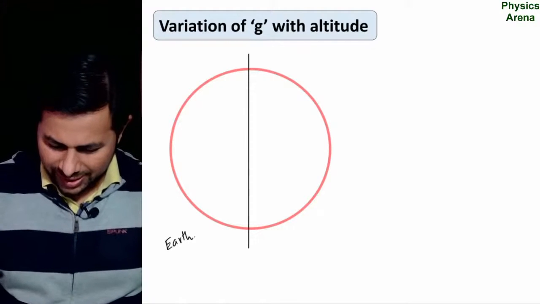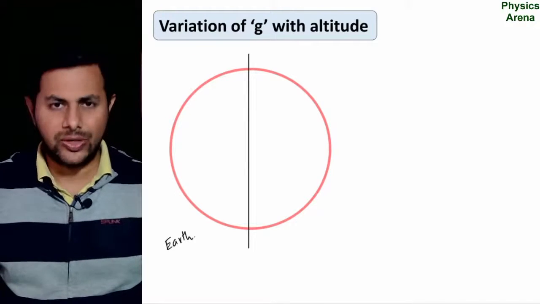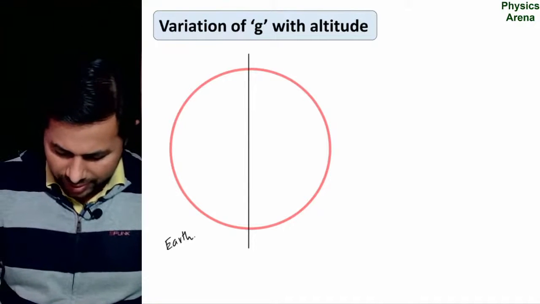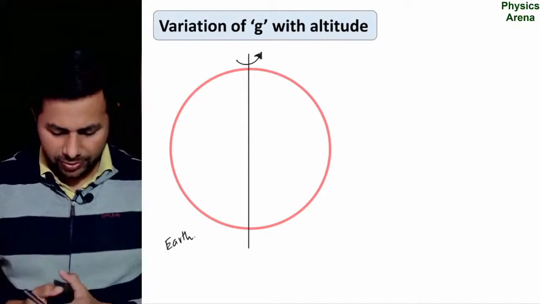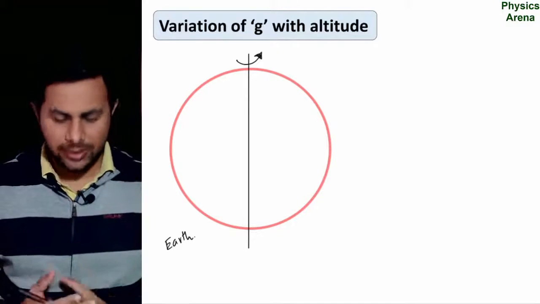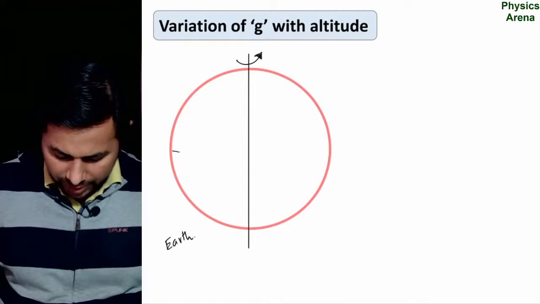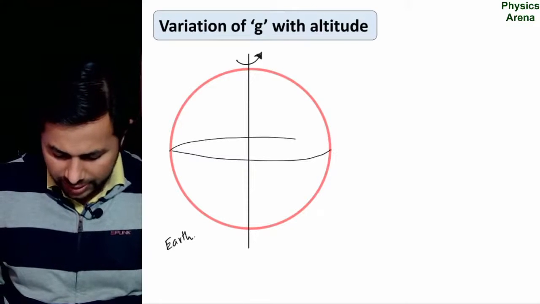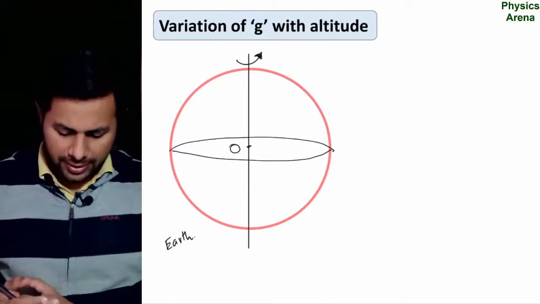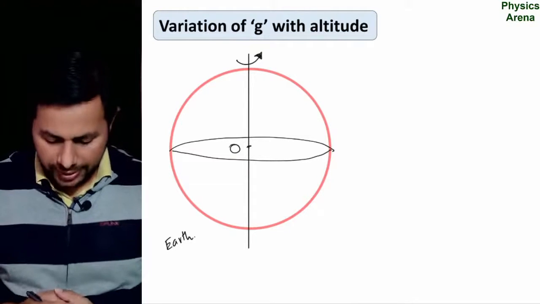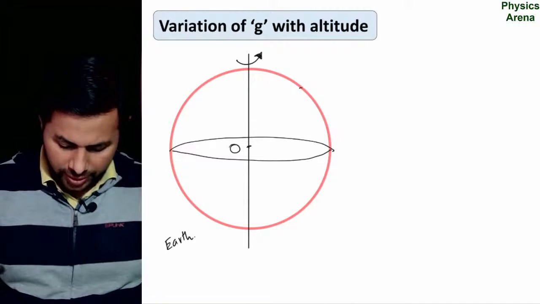So let's suppose this is an axis about which the Earth rotates from west to east, in an anti-clockwise sense. After that I will draw an equator of Earth. So this is an equator. This is center of Earth O. And let's suppose that we have an object somewhere over here.